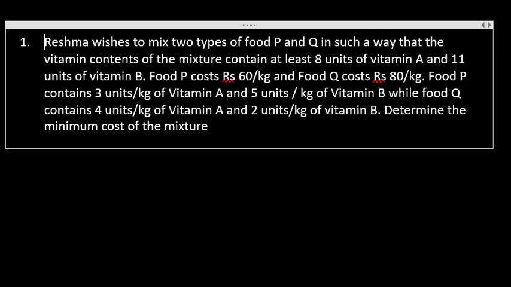Okay, so here Reshma wants to mix two kinds of food. One is food P and second is Q. Some kgs of food P and food Q. She wants to mix in such a way that the vitamin content of the mixture contains at least 8 unit of vitamin A and 11 unit of vitamin B. Their respective cost per kg is given, and the vitamin content of food P and Q is given.